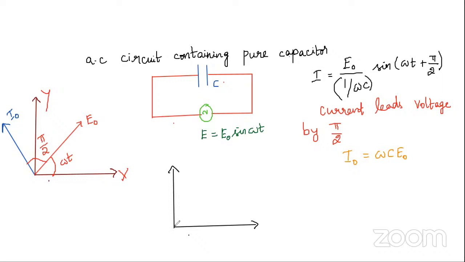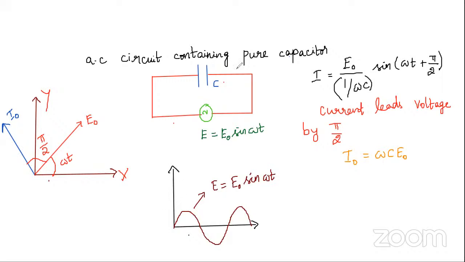Here also the EMF follows the sinusoidal pattern. So this is EMF E equal to E naught sine omega t.